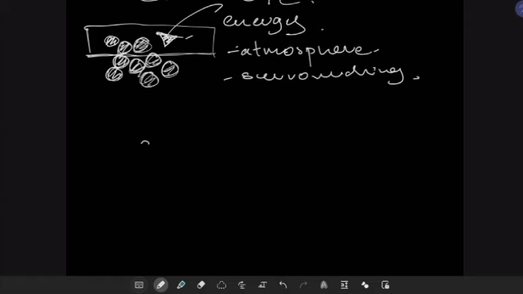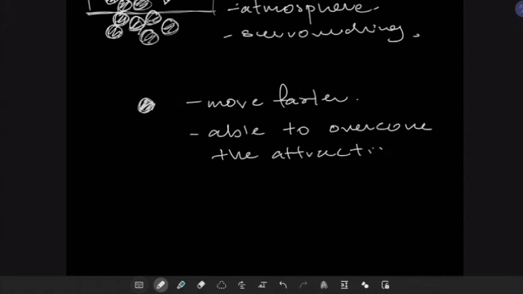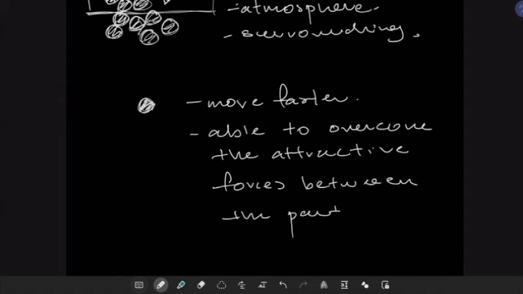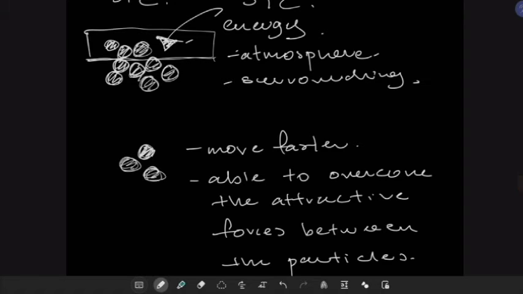And when they gain enough energy, they'll move faster. And because they are moving faster, they are able to overcome the attractive forces between the particles. So a way to imagine it is, let's say this is an example of liquid particles.